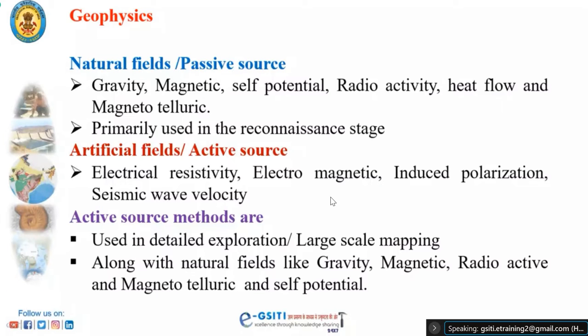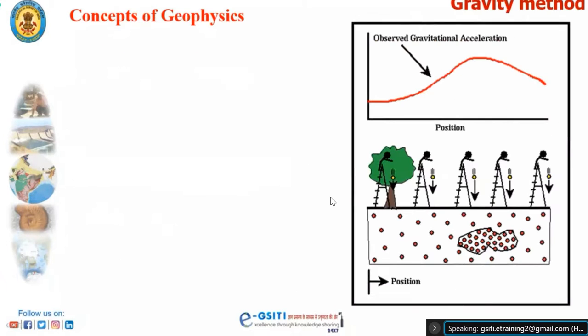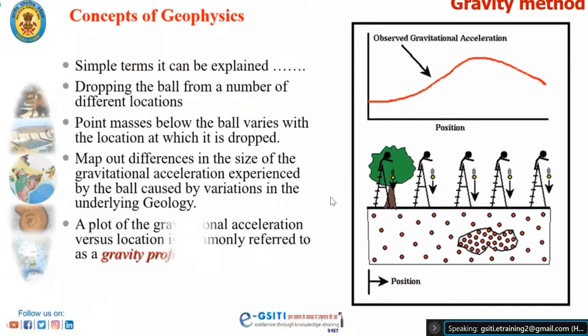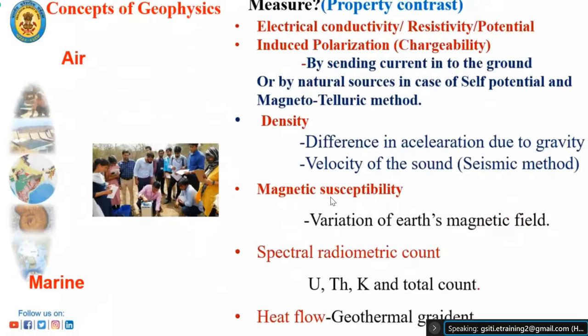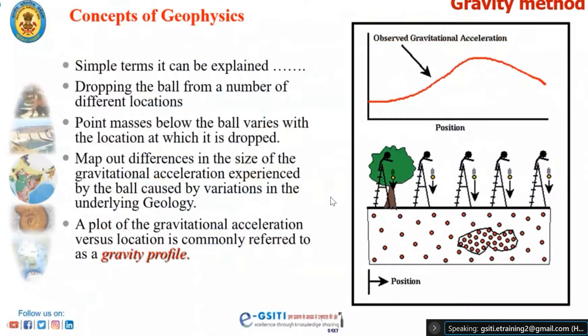So this is just a small example where we take a man standing on a ladder, and we have an ore body underneath. You can see that the concentration of the ore body is at the center, and this is where the gravitational curve is. If you see the place where the tree is, there is no body underneath, so the curve is very flat.